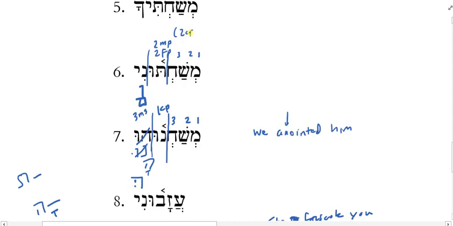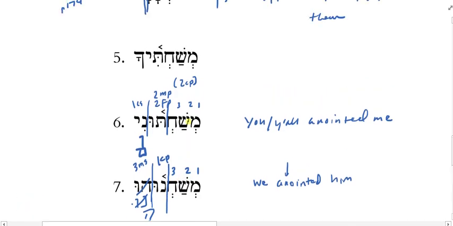Ross calls this the 2CP because once you drop the ending and make it tu, it becomes common to both genders. And then ni is which direct object pronoun? 1CS. So whatever they're doing it to whom? To me. So we're going to translate this as you, y'all, any gender, anointed me.